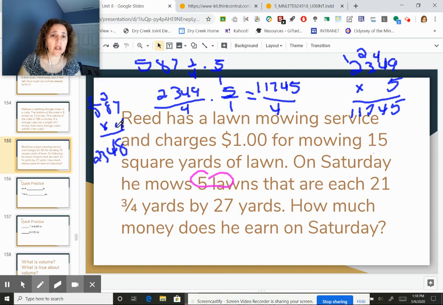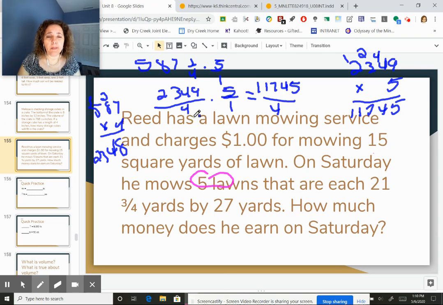Carry my 2. 4 times 8 is 32. Plus 2 is 34. Carry my 3. 5 times 4 is 20. Plus 3 is 23. So I got, and then I got to add the 1. So that gives me 2,349 over 4 times 5 over 1.